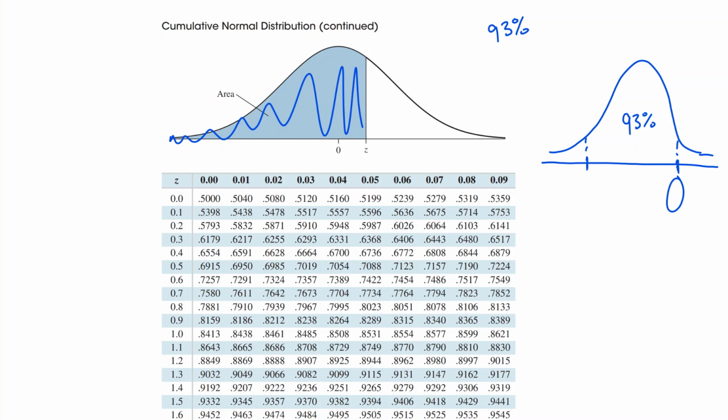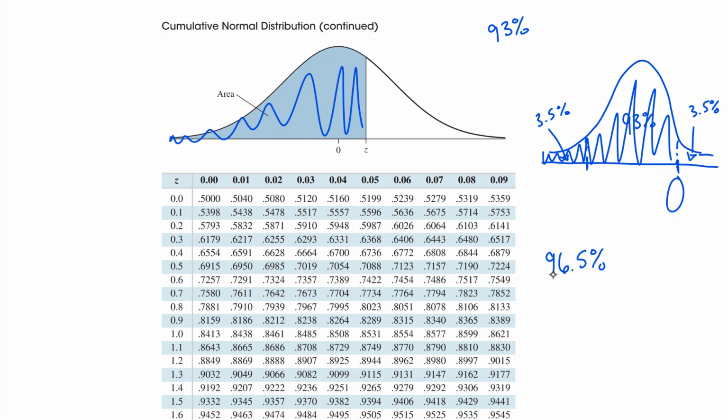So I've got exactly 3.5% here and 3.5% here. So when I actually use this chart, I'm going to have 3.5 plus 93%. That's 96.5% accounted for at that point.